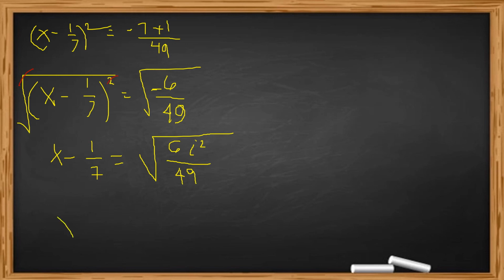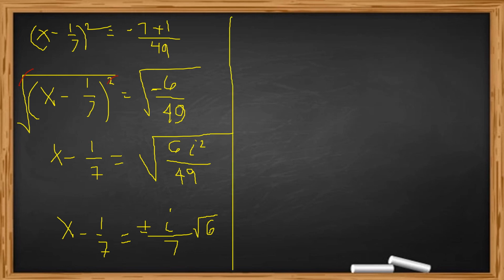Of course, x minus 1 over 7 is equal to si denominator na 49, meron siyang square root. No? So, that is 7. Tapos, si i squared, meron din siyang square root. That's i. Okay. Pero, positive and negative. Then, maiwan sa loob si 6. So, ganyan yung magiging itsura niya.